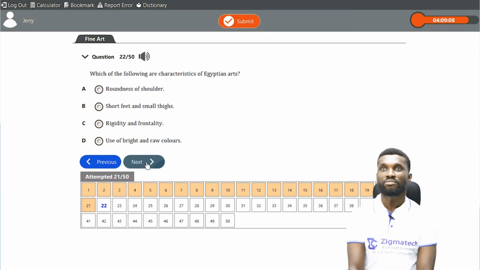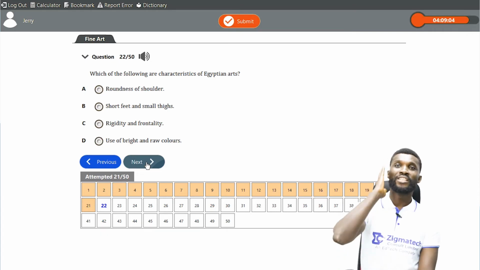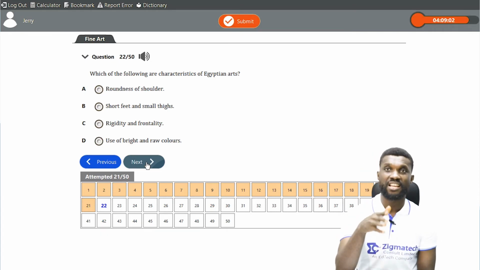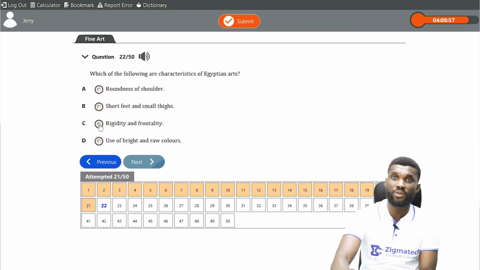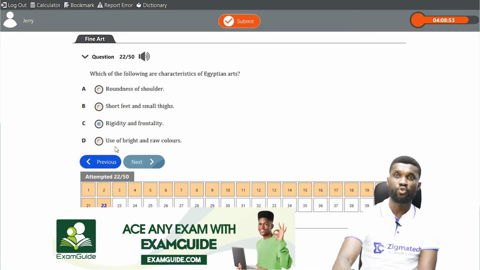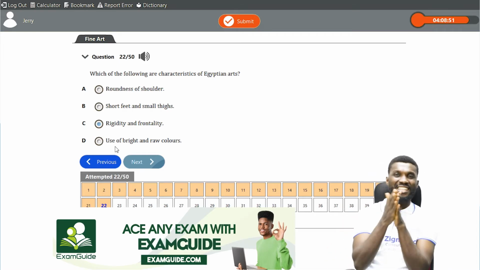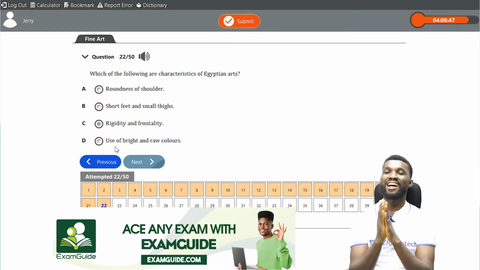If you watch them, their faces are always in profile. So the major characteristics of Egyptian art are rigidity and frontality, which gives us option C as our answer for question number 22. So rigidity and frontality are the major characteristics of Egyptian artwork.